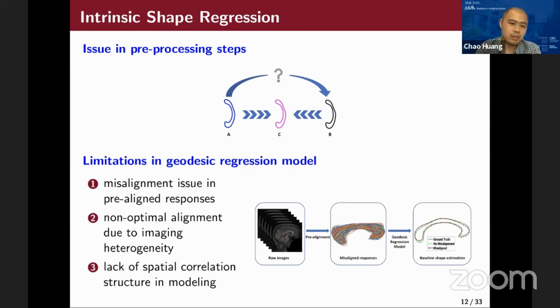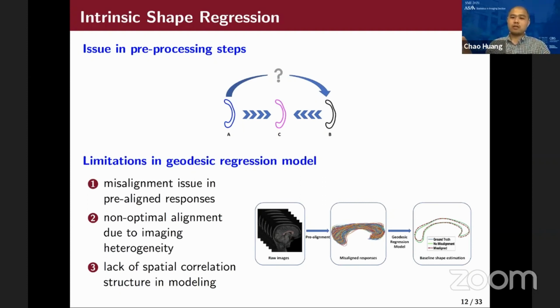The second limitation is that this kind of alignment is sometimes not optimal. What does it mean? It means that the alignment is sometimes related to imaging heterogeneity. For example, we have two different groups, one is normal controls and the other is disease patients. The alignment may be highly related to this group information, which means we may need to use a different template for each of these two groups.